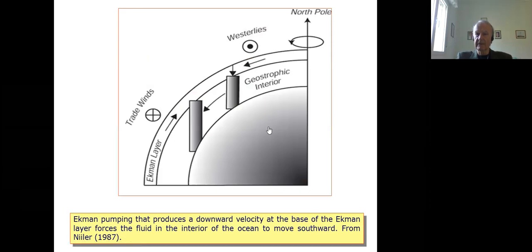In the atmosphere, we have trade winds in the subtropical areas, and we have the westerlies in mid-latitude areas. And so that means that in the wind field you have spatial variability.